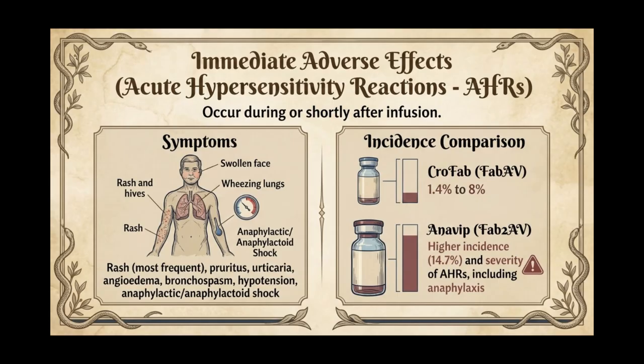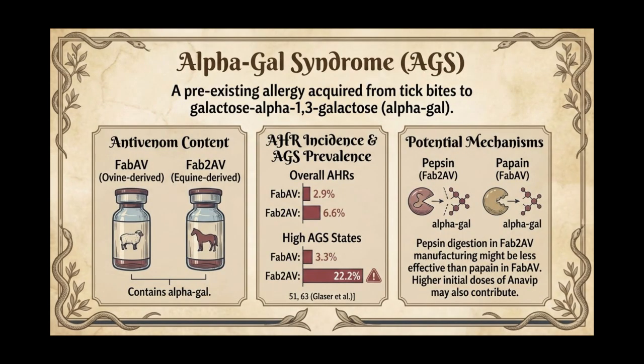Although these severe reactions are rare, especially when using high-quality antivenoms, likely occurring in less than 1% of cases, they can be fatal. Historically, some older products, particularly those containing unrefined immunoglobulin G, had reaction rates exceeding 80%. Other immediate adverse effects include fever caused by the biological toxin and symptoms such as nausea and vomiting.